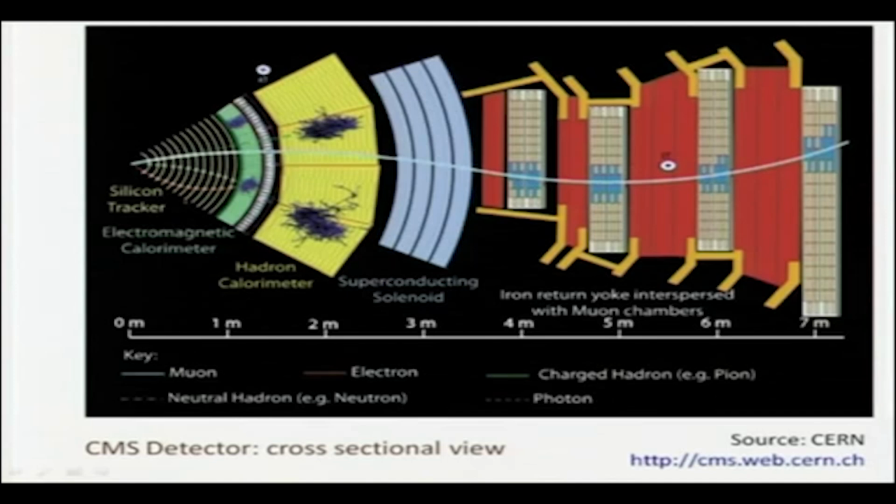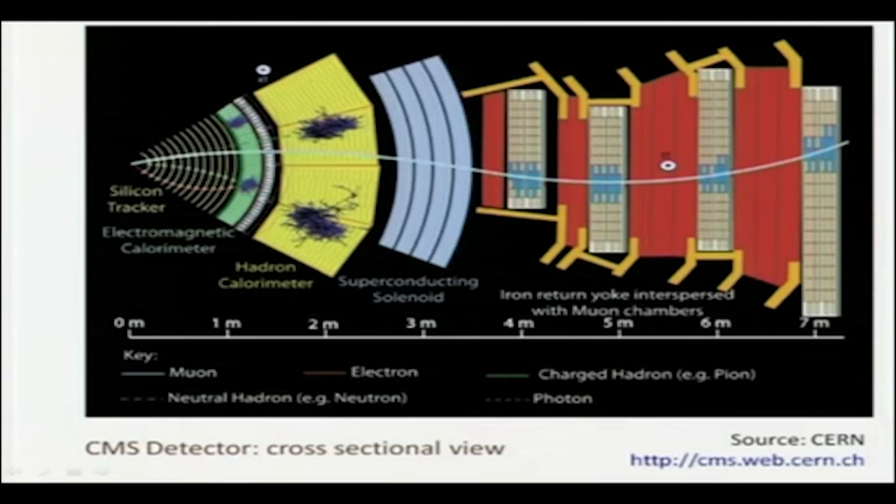And the blue dashed line is a photon, which goes straight because it is electrically neutral, but then is fully absorbed in the electromagnetic calorimeter.